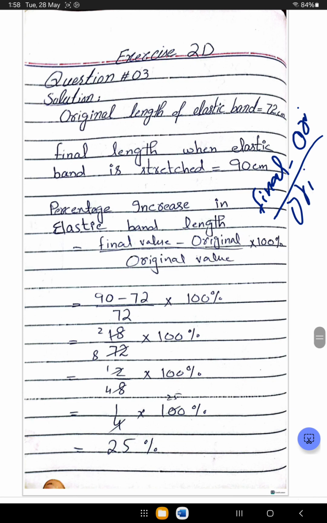The final value is 90 and the original value is 72. 90 minus 72 divided by 72, because 72 is the original value, times 100. 90 minus 72 is 18. 18 fours are 72, so 1 over 4 times 100. 4 twenty-fives are 100. 25%, which is our required answer.